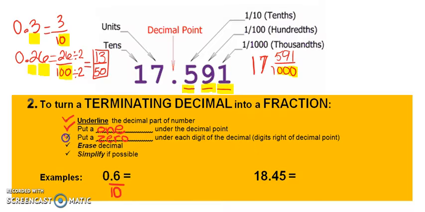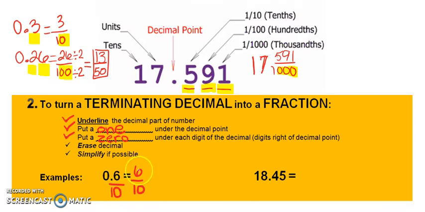Done. Now, if you look at this, it looks really silly right now. 0.6 over 10? What? We're going to need to erase the decimal or rewrite it without it. So 6 over 10 is 6/10, a much neater way to write this.